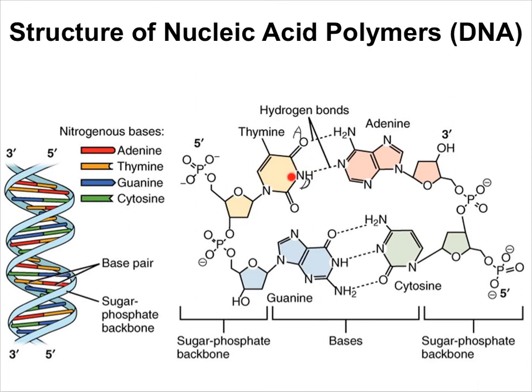This NH can donate a hydrogen bond because it has a hydrogen. This NH2 group, this amino group right here, that is a donor. And this nitrogen in the middle here, that is an acceptor. So you can see the acceptors match up with the donors.